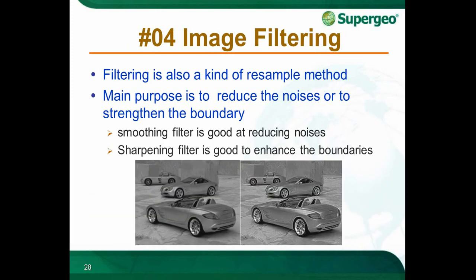And also we're going to talk a little bit about image filtering before our demonstration. Image filtering is also a kind of resample method, but it is a little different in that the main purpose is to reduce noise or to strengthen the boundary, so you can see objects within the image or borderlines. The advantage of image filtering is to reduce the noise within the full image and strengthen the boundary.